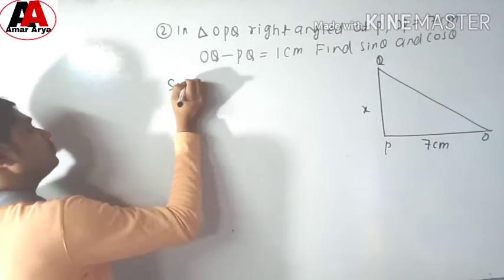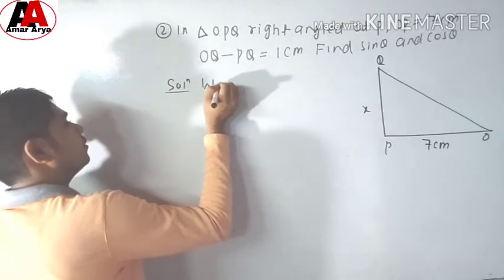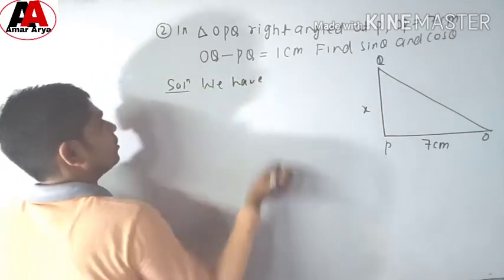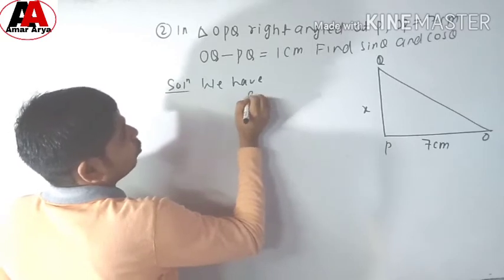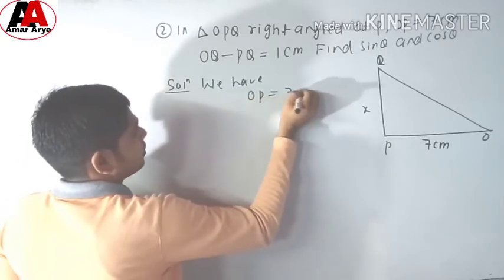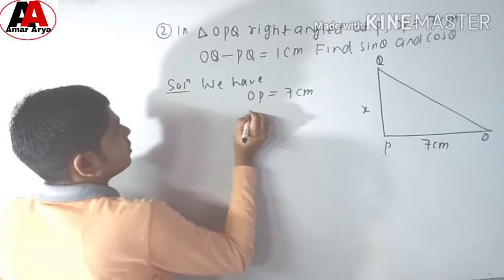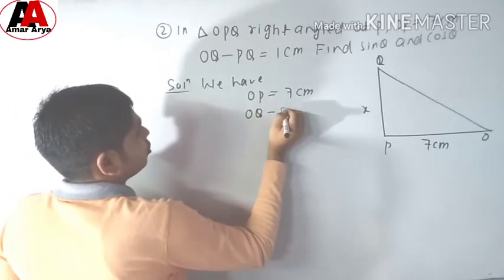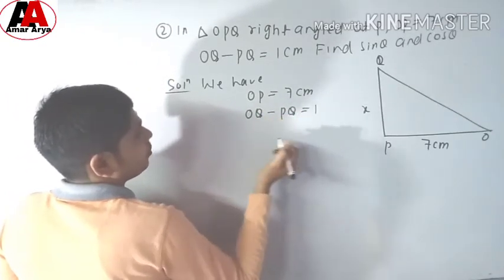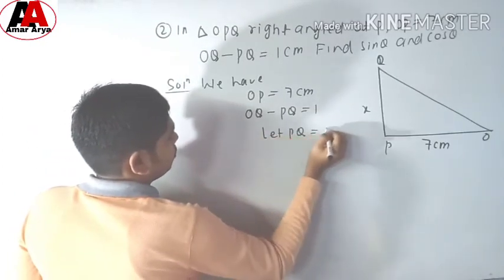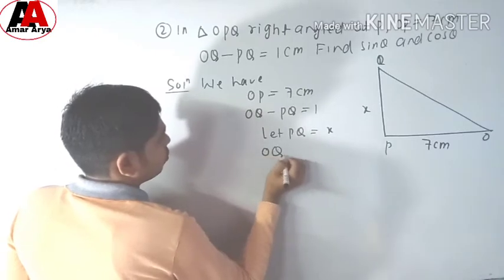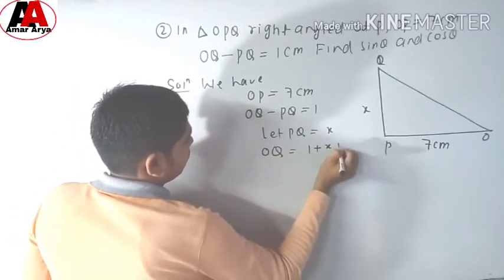So in the solution we can write here, we have OP equals 7 centimeter. This is the value, and OQ minus PQ is 1 centimeter, and let PQ equal x, so OQ equals 1 plus x.